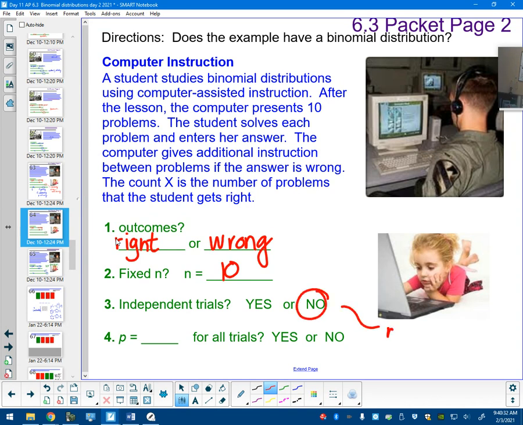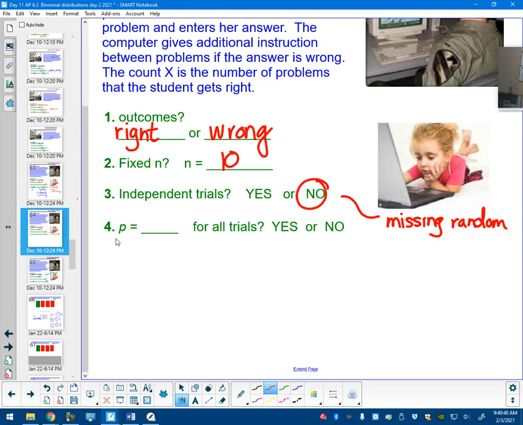Because it's not random. And because why? Because sometimes, like, if they're taking a test, the previous problem might affect them. And what happens if you miss a question? What do they do? Panic. Yeah, but it says they do something else.